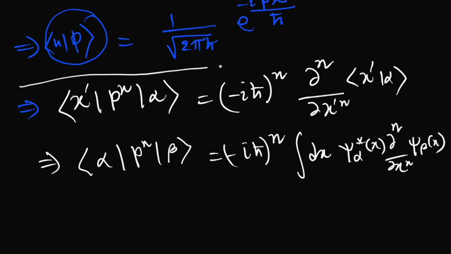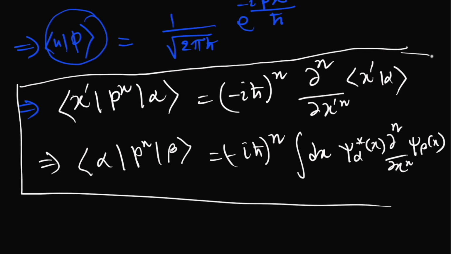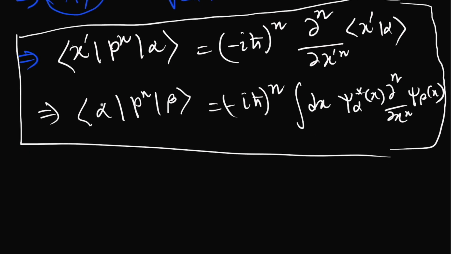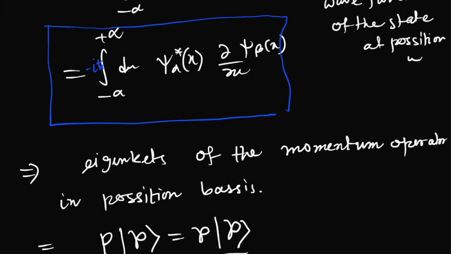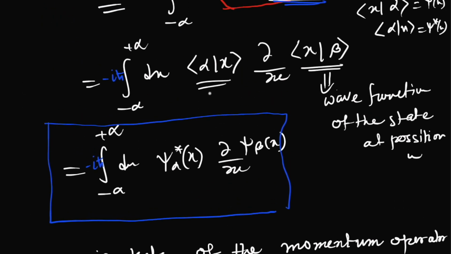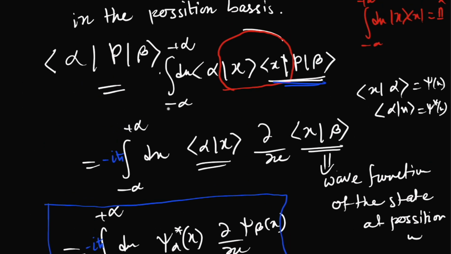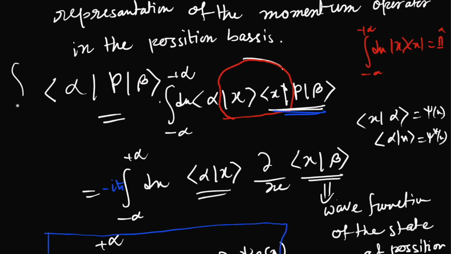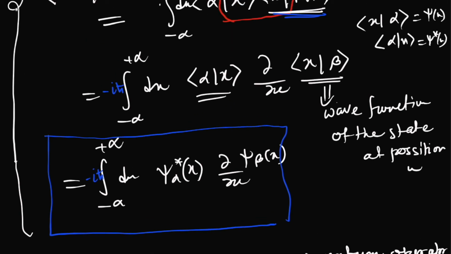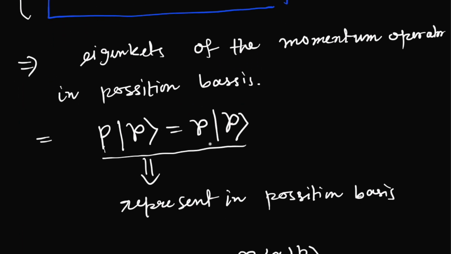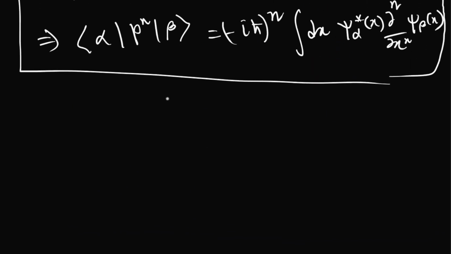These two things we need when we want to solve some problems. Actually it comes from repeatedly operating with p and doing this step, and we will see this form will automatically come. So that is it. Thank you.